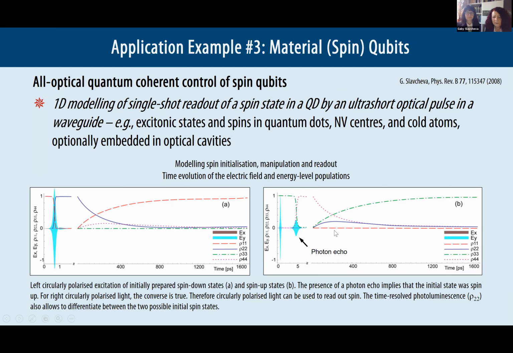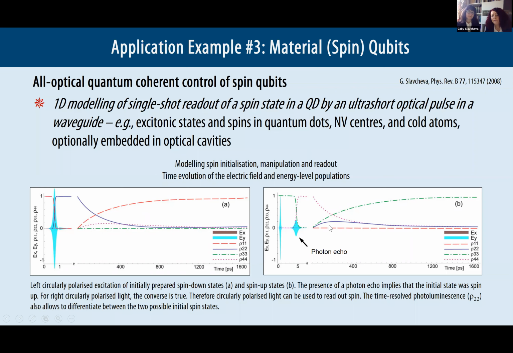We have shown that in the case of a spin up initial spin state, we get this spin echo pulse in addition to the dynamics, which allows us to identify the initial spin state. Also, the blue curve on these two graphs shows the decay of level 2, which is proportional to the time-resolved photoluminescence, the population decay of level 2.